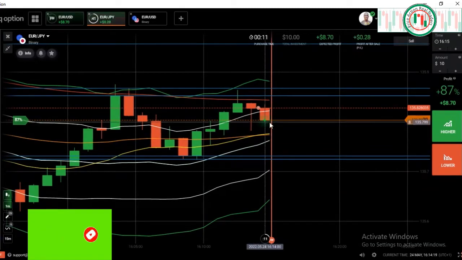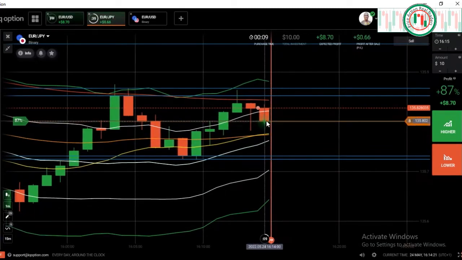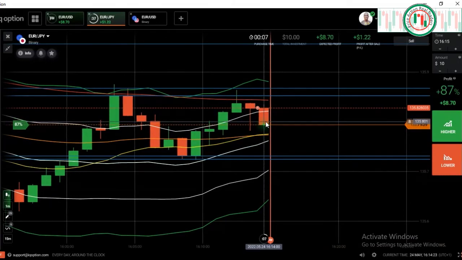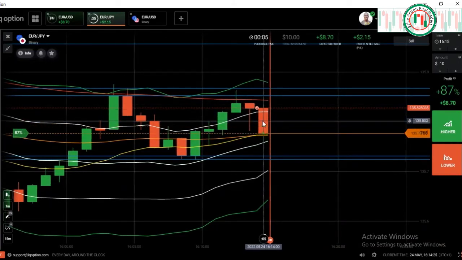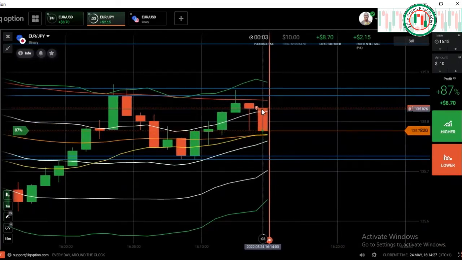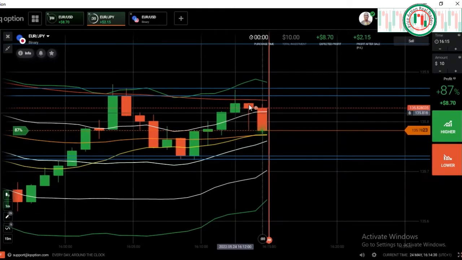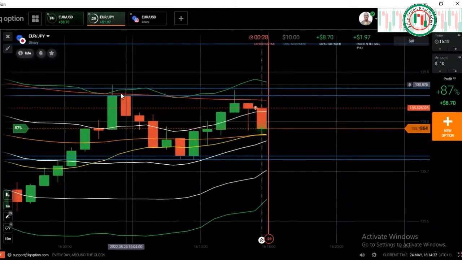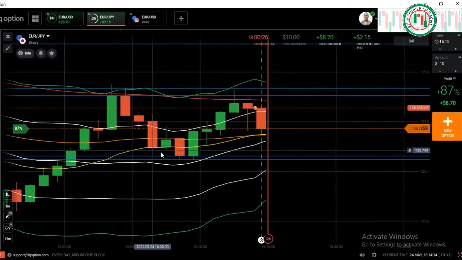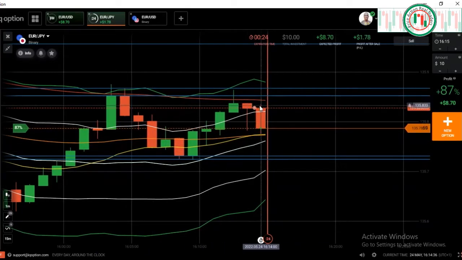I know definitely market must reverse from here. That's why I place my trade put option here. See, strong sellers entry at this level, because you see here is engulfing. This is very nice zone.